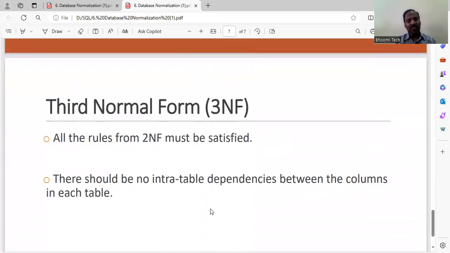What is the third normal form? All the rules of second normal form and another condition: there should be no intra-table dependencies between columns in each table. Each table should act independently. It should not depend on another table. For example, an employee table should have the data related to the employee itself, like employee name, employee ID, everything.